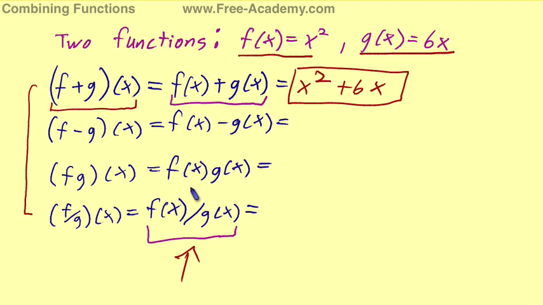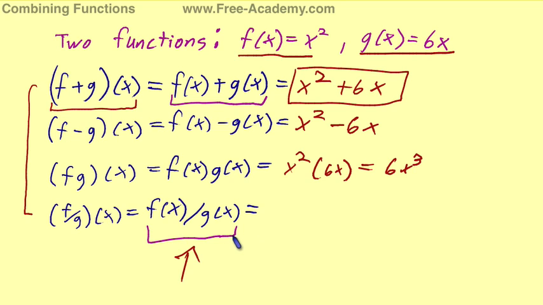The second column. For the same reason, f minus g of x equals f of x minus g of x, and you can see that is x squared minus 6x. If you have fg of x, that's the same as f of x times g of x, which is x squared times 6x, which is 6x to the third.